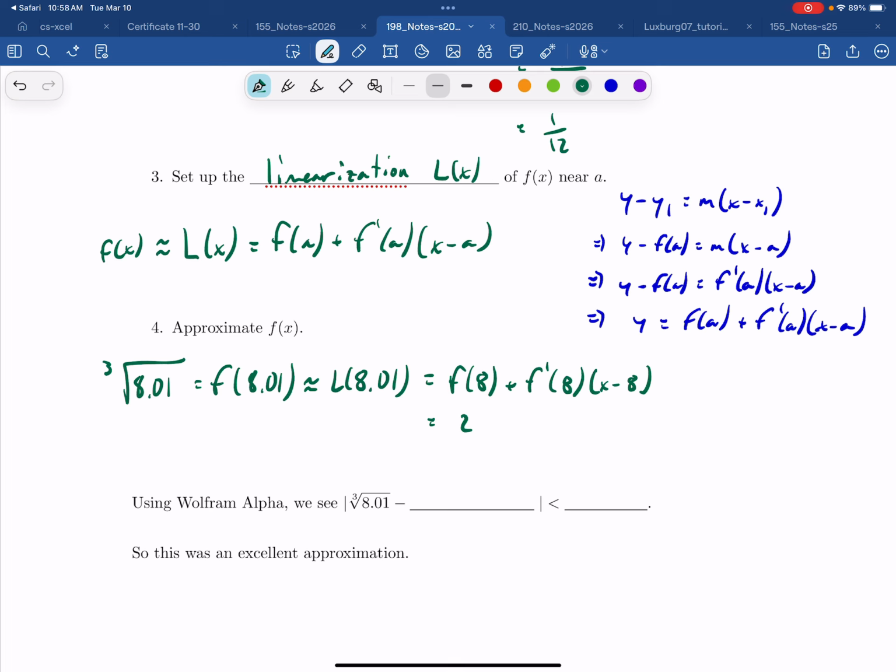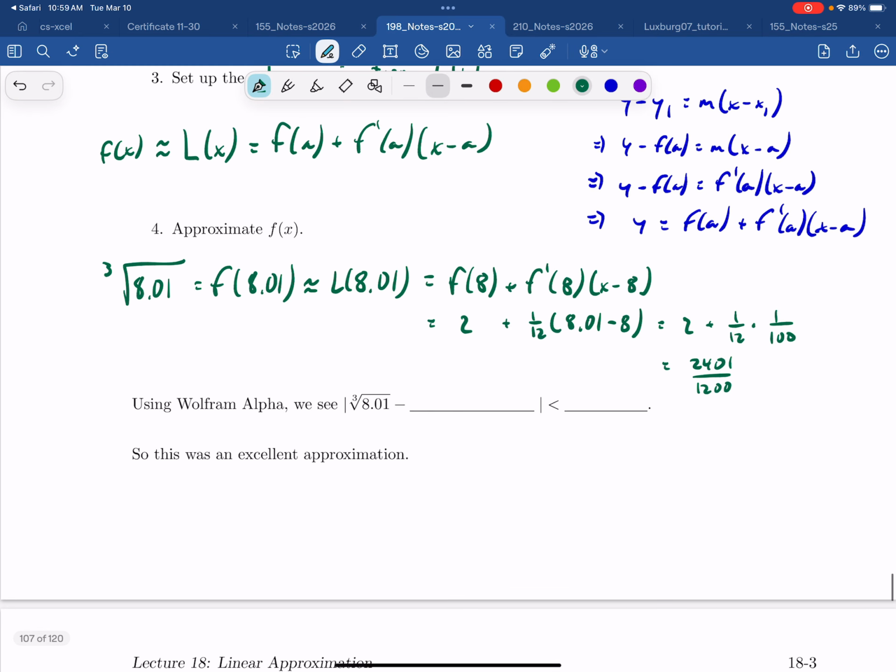And this is going to equal 2 plus 1/12 times 8.01, that's our x, minus 8. If you simplify this, you get 2 plus 1/12 times 1/100th, since 0.01 is 1/100th, and this is the same as 2401 over 1200.